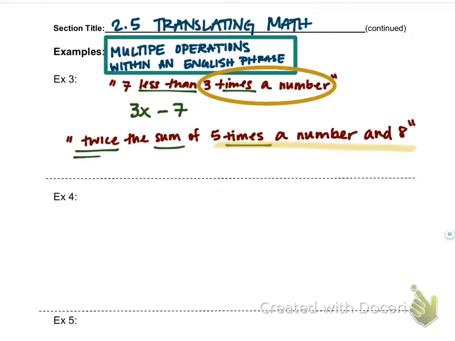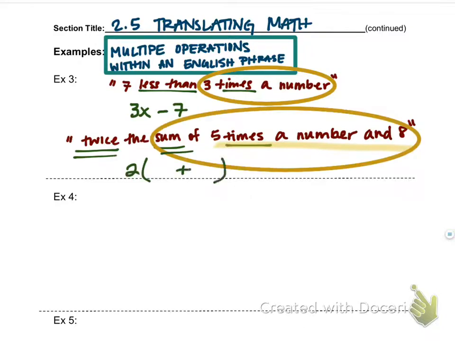The 2 times is going to be on the outside because it's 2 times a sum, and I don't know what the sum is until I figure that out. So inside the parentheses, I'm going to write 5 times the number, so 5x, and the 8. So again, our answer is going to be 2 times the quantity of 5x plus 8.